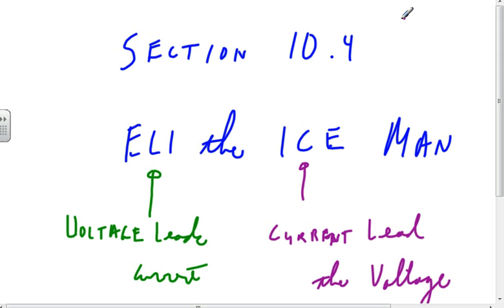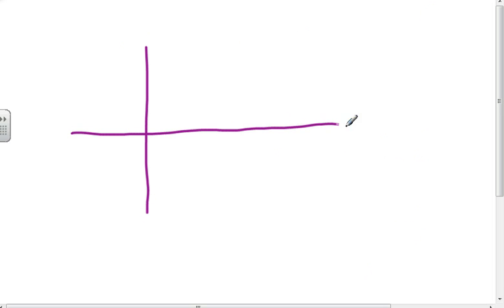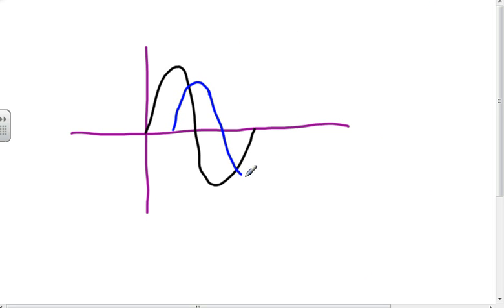On page 301, we have an XY plane, and we show voltage doing something, and we show current being 90 degrees out of phase. This is my time axis, this is my amplitude axis. At time 0, voltage passes through 0.